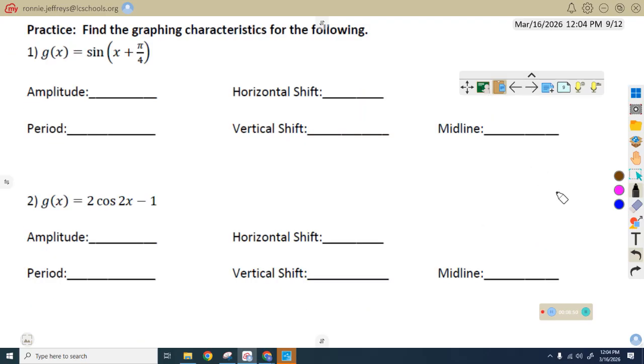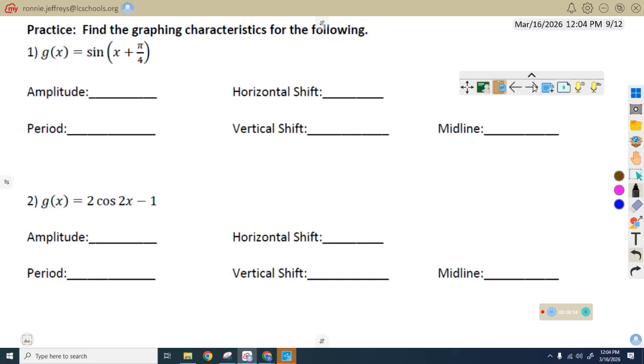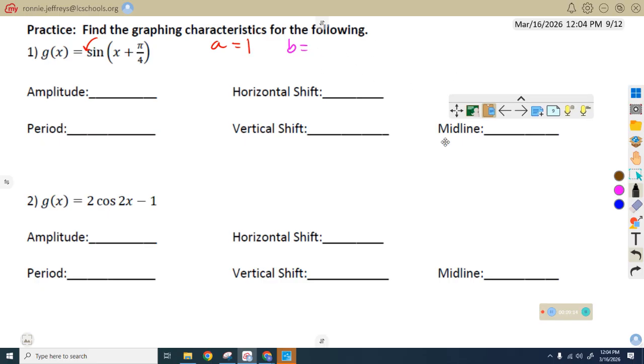All right. Did I miss a problem? Did it go straight from the example to practice? Yeah. Okay, so let's do some of the practice. Y'all got a couple of different practices. Let's label the letters first. What is our A? What's the number right here? 1. I think this B is the one thing that I was missing. 1.